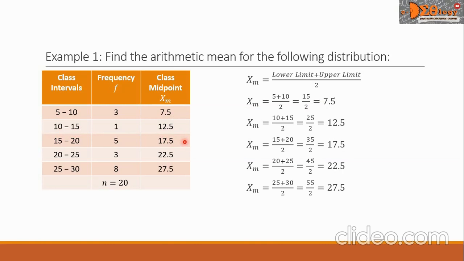This 17.5 comes when we add 15 and 20 and then divide by 2. The 22.5 comes when we add 20 and 25, then divide by 2. The 27.5 here comes from 25 plus 30 divided by 2. So we are now complete with a column for class midpoint.